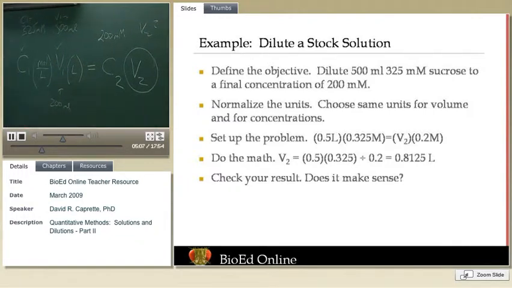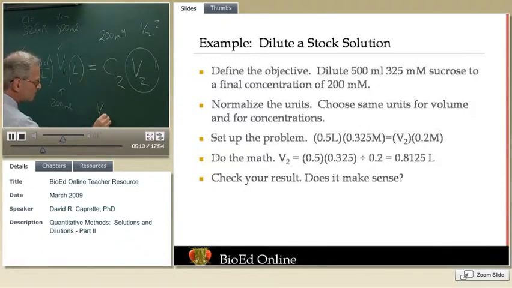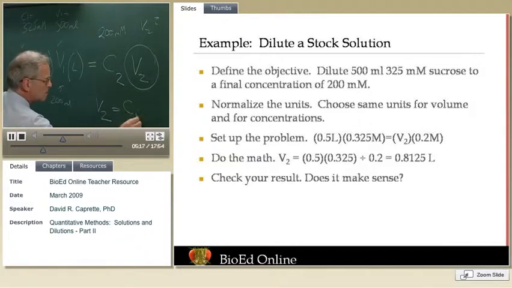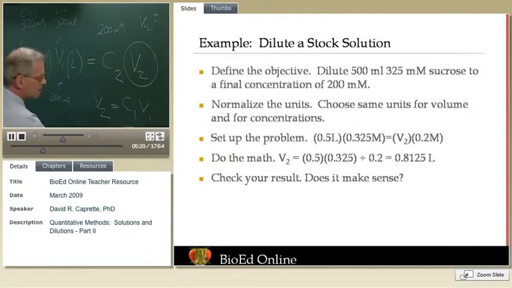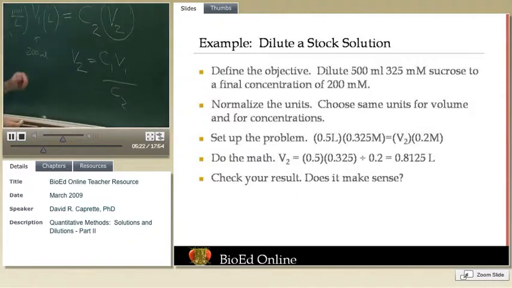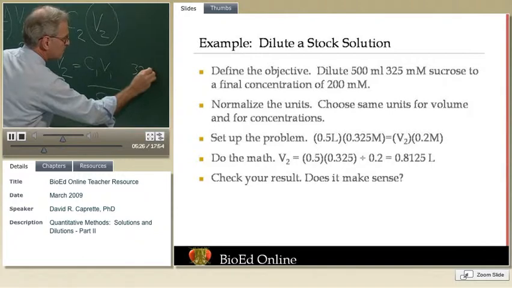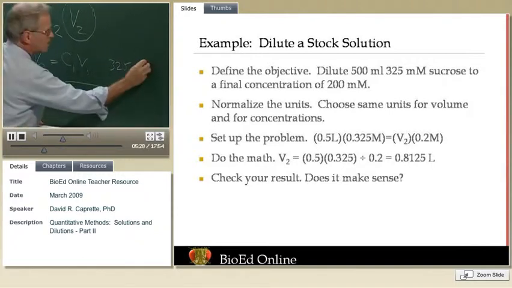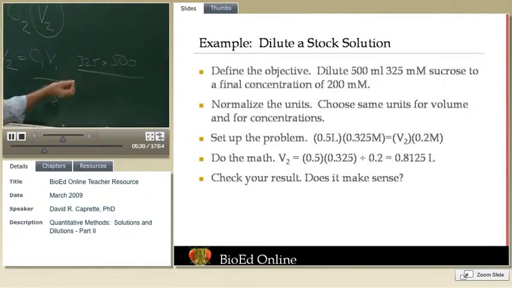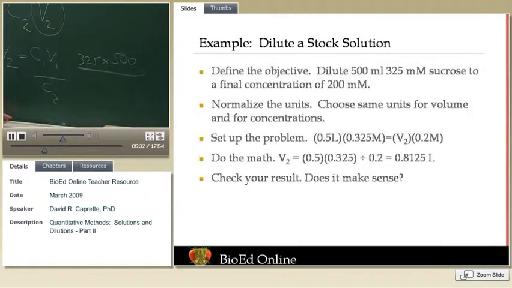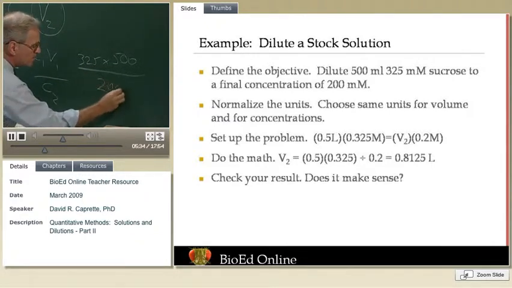We have an equation we can now set up. We can calculate V2 simply by doing the algebra. V2, the unknown, equals C1 times V1 divided by C2. In this case, we take 325 times 500 divided by our desired final concentration, 200 millimolar.